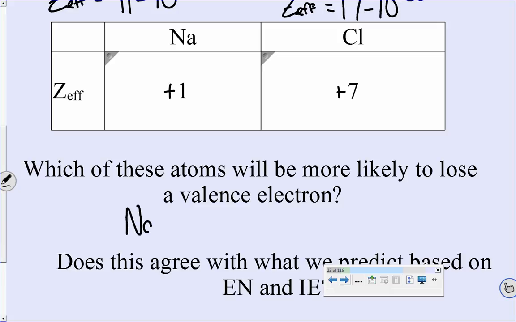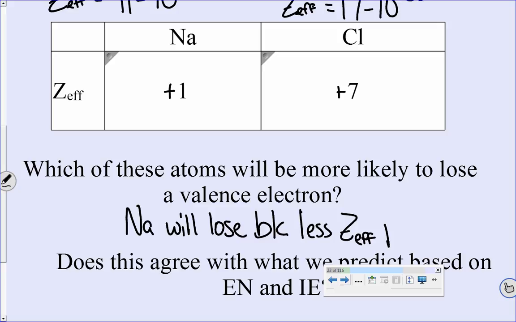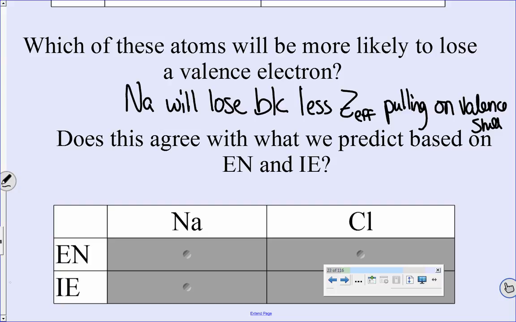So sodium will lose an electron because there is less effective nuclear charge pulling on the valence shell. So this is actually kind of the explanation, the atomic structure explanation, for why we actually have the octet rule.